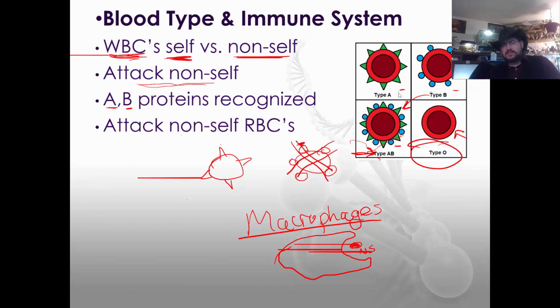You can take blood from type A, because you have A proteins that are self, and you can always get type O blood. That's nice. But you can only donate to type AB. And then type A, you can donate to A or AB. So that's how blood transfusions work and the immune system.